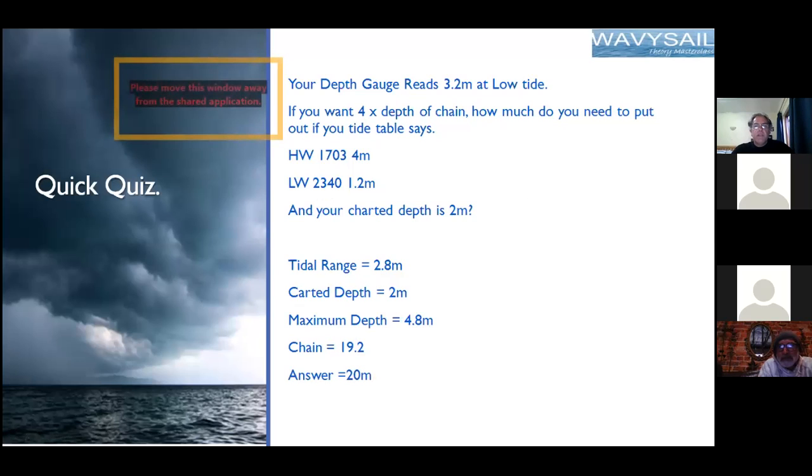No, that makes sense to me. So your maximum depth would be 4.8 meters, and you want that at 4 times, so 5 4s are 20. Sorry, I'm not following how you got 24. And we can talk about it afterwards.